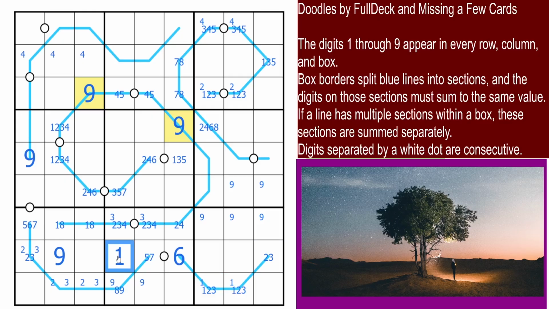Is this 1 doing anything? No. 7, 7. 8 has to be here, right? Just by Sudoku, 8 cannot be here.